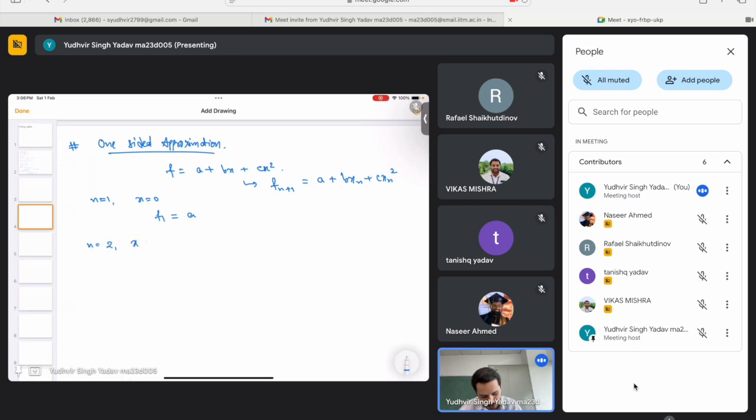At n equals 2, we have x equals delta x, where delta x is the step size. And for n equals 3, we will have twice delta x. We just keep on adding the step sizes.